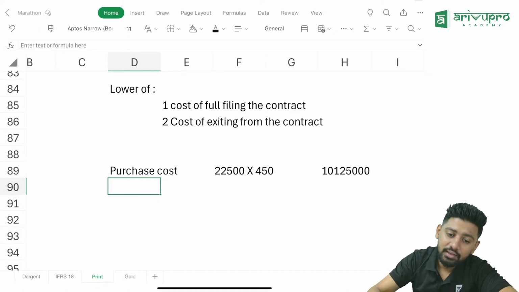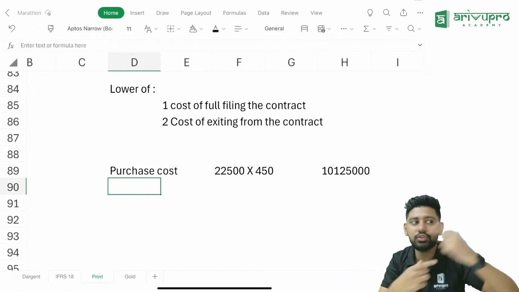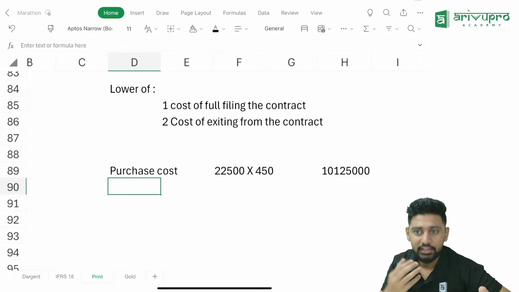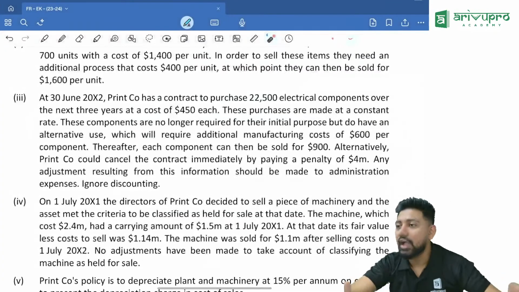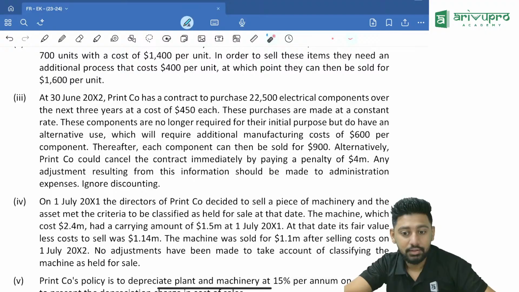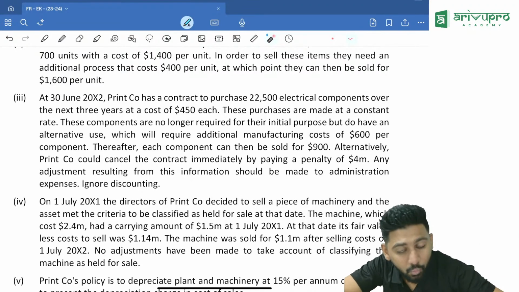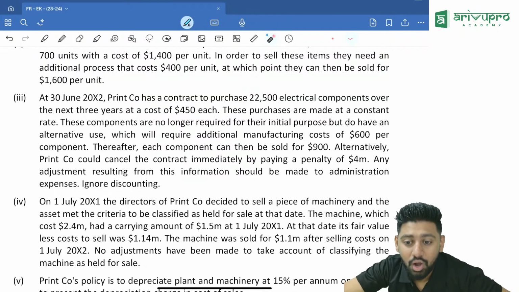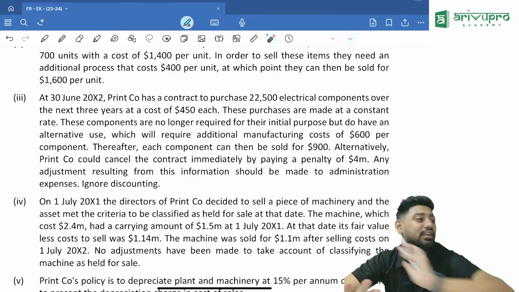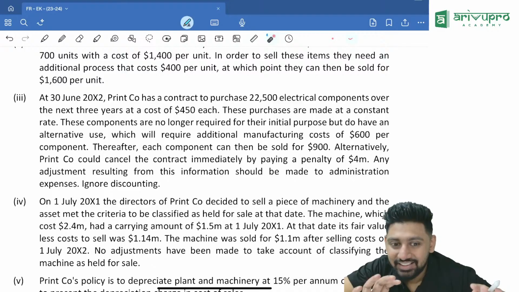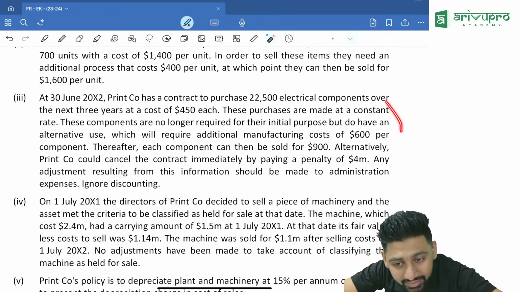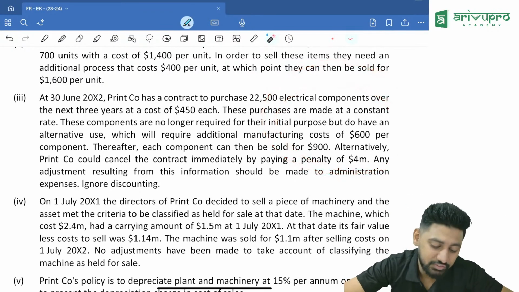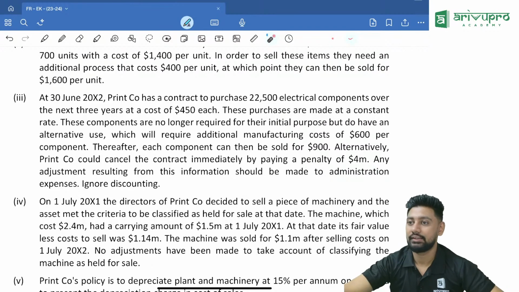But if I purchase this, this is going to be over a period of 3 years, correct? If I purchase this, I have no use for it, because I don't require it anymore. However, I have an alternative use. I can use it for something else. If I do that, I will incur another additional manufacturing cost of 600.